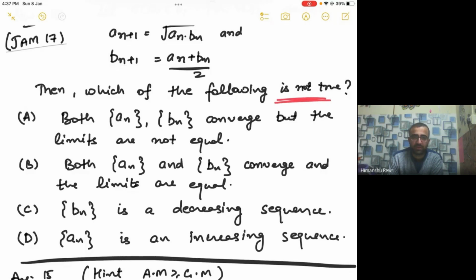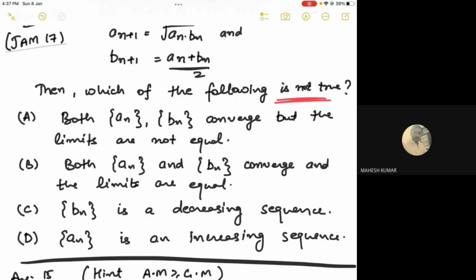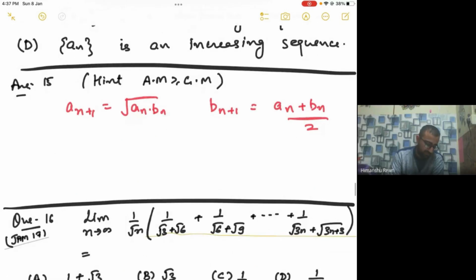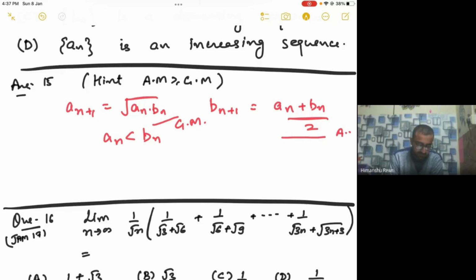We have to comment about An and Bn. Bn is always greater than or equal to An. Note that this is like an arithmetic mean and this is like a geometric mean. Then you can see that A1 is less than A2 is less than A3 and so on. Can you see this?